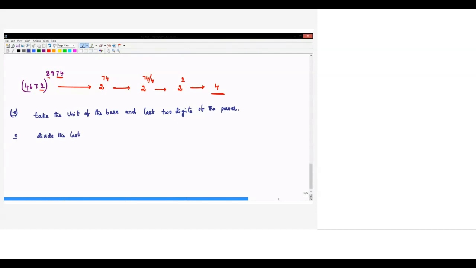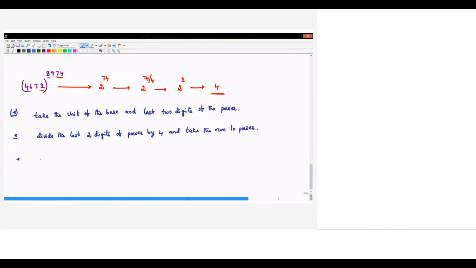Divide the last two digits of the power by 4 and take the remainder in the power.